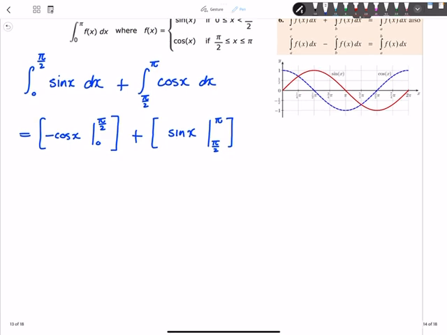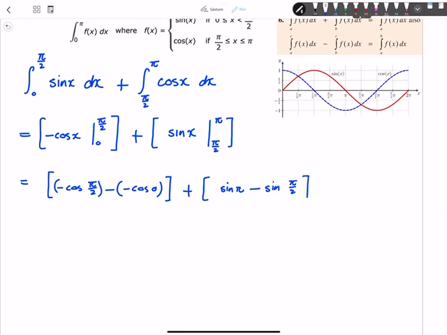All right, so now using that other fundamental theorem of calculus, we will plug in top minus plug in bottom for both of these. So I will have minus cosine of pi halves minus negative cosine of 0, plug in top minus plug in bottom, plus, again, the other component here, plug in top minus plug in bottom, sine of pi halves.